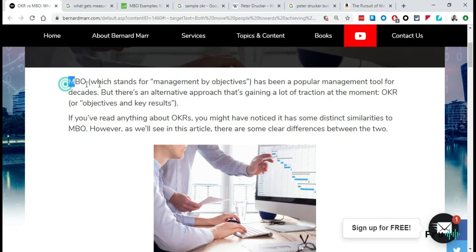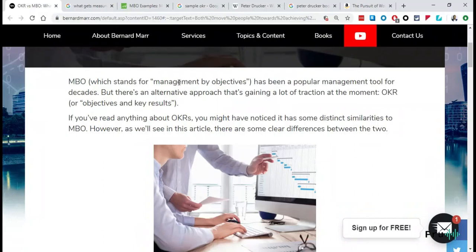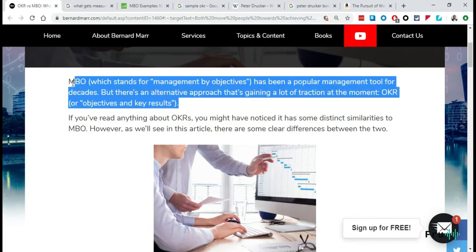This is really the idea around management by objectives. It has been a popular tool for many decades. A lot of companies and teams have used it, so I'm sure a vast majority of people are probably exposed to management by objectives.